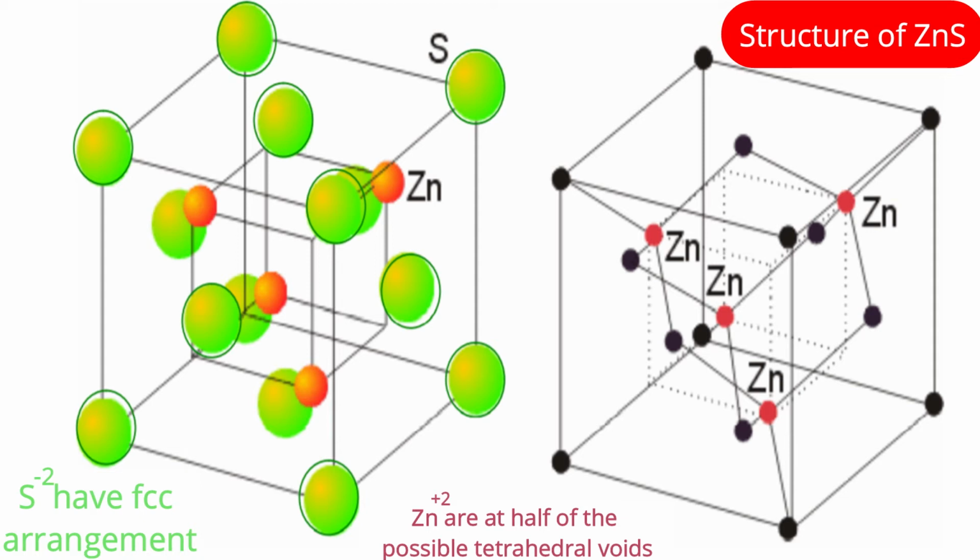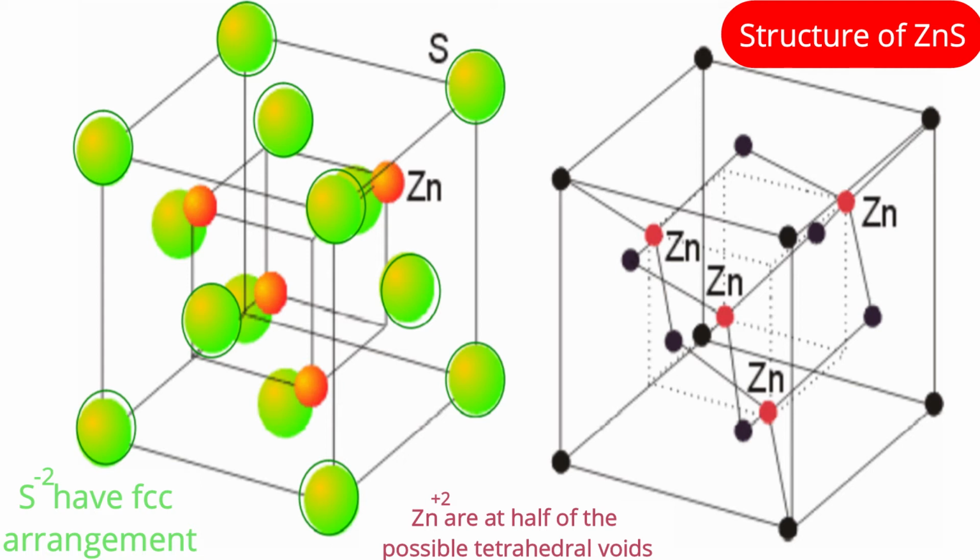Here, zinc ions occupy tetrahedral voids. How many tetrahedral voids are there? 8. How to explain them? Just see, inside that large cube there is a small cube, and at the 8 corners of the cube tetrahedral voids are there.